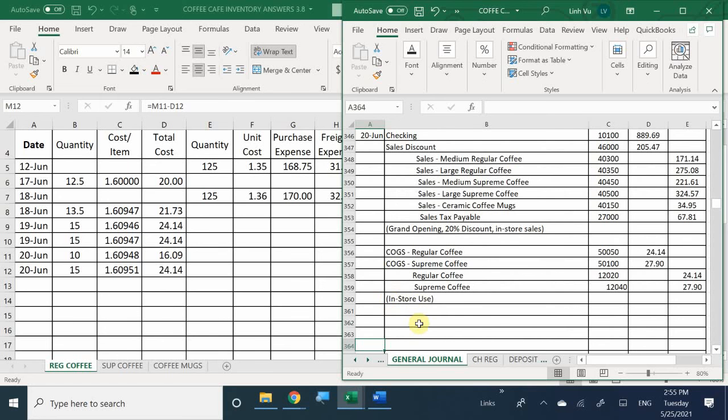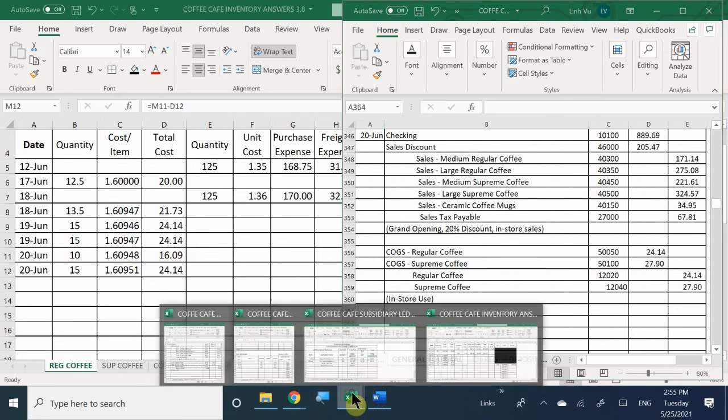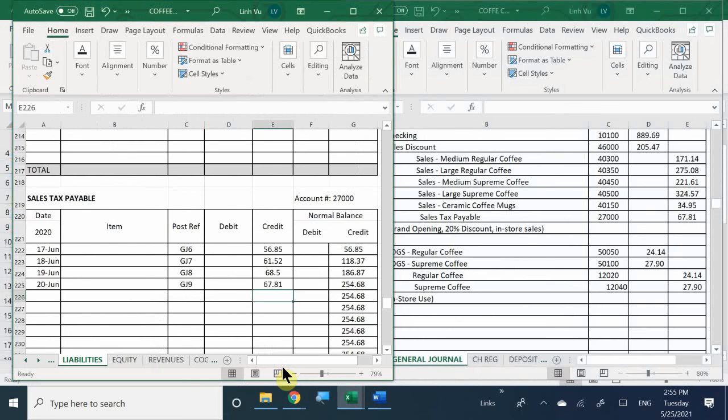All right, so what do we do now? Back to the general ledger. Yes, so we gotta update our ledger. Cost of goods, regular coffee.